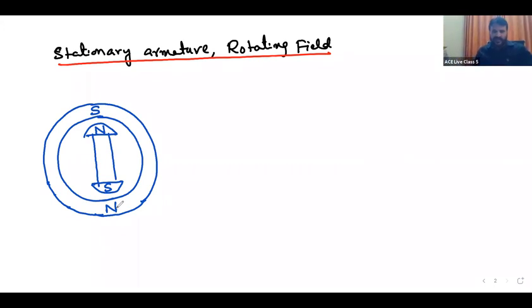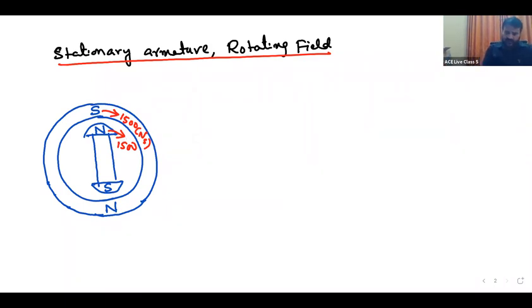When stator poles rotate at synchronous speed, and the rotor also rotates at synchronous speed, both will rotate in the same direction.